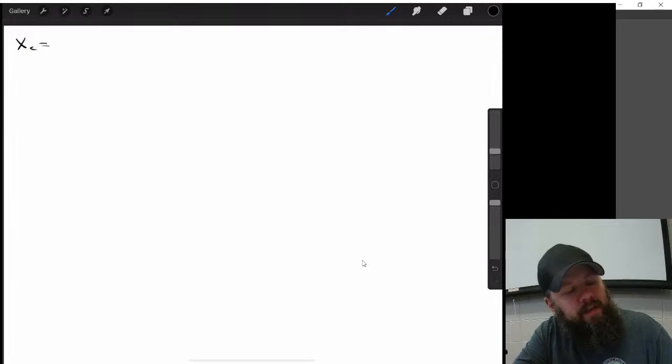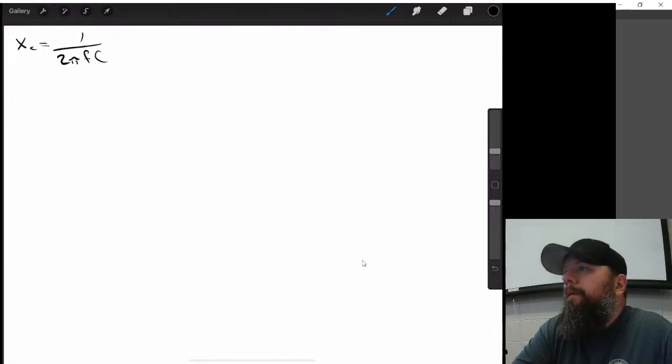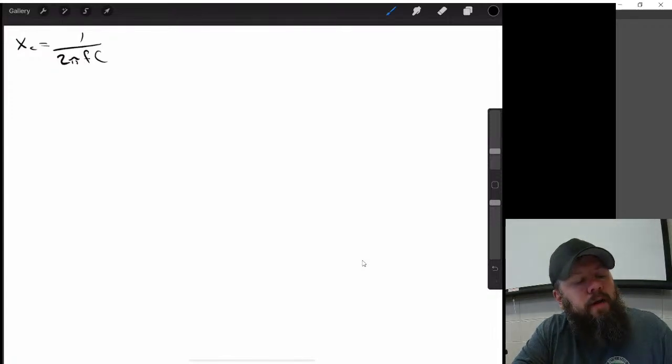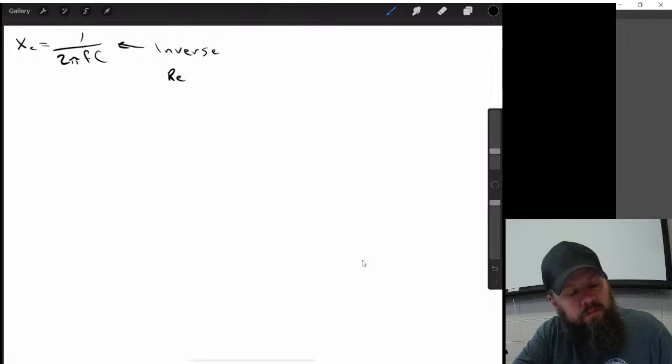All right, so we've got something new. We've got capacitive reactance, and you need to remember this. Now, when we've got an inverse, like when we have something under a 1, that means that we've got a negative relationship.